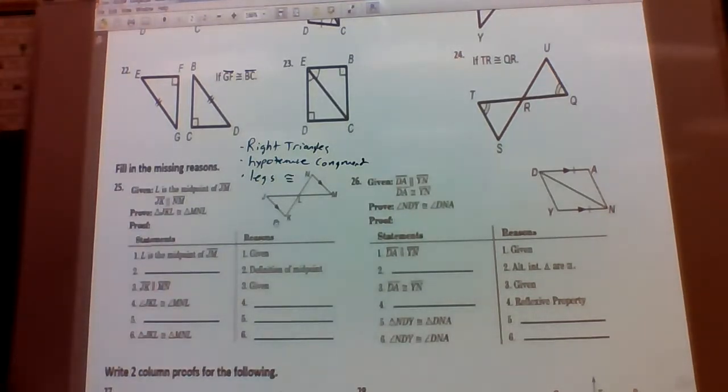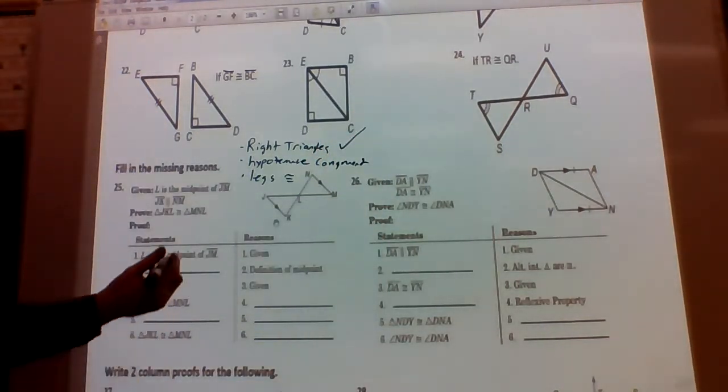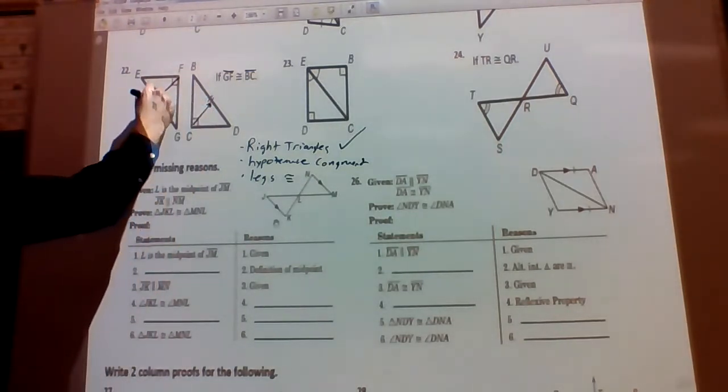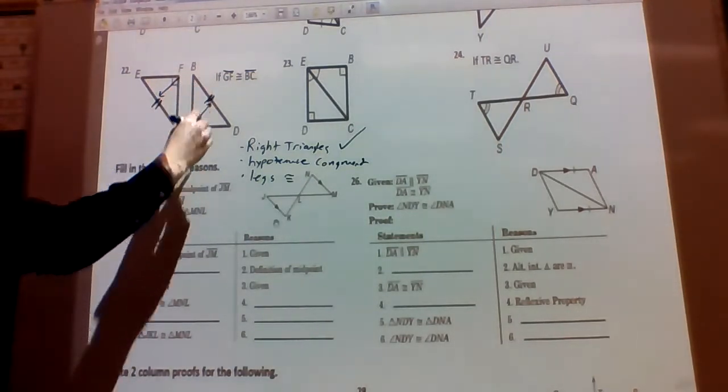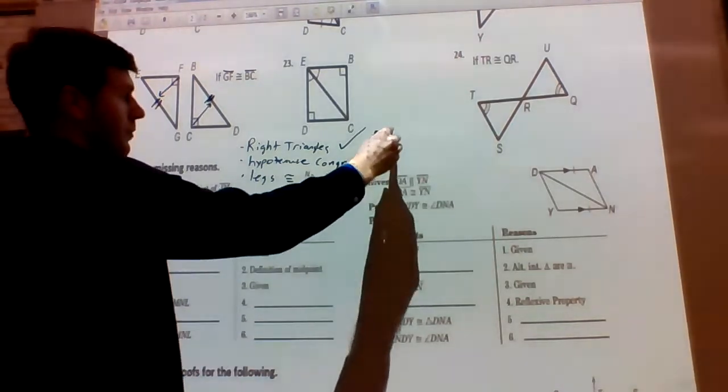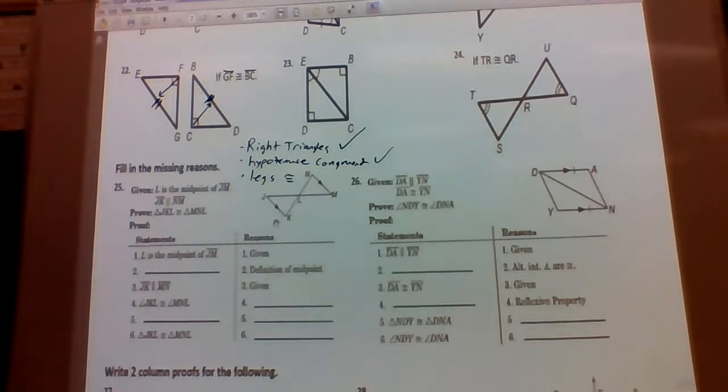Do we have right triangles? Yes, we do, because we have right angles. If we have right angles, we have right triangles. The definition of a right triangle is a triangle with a right angle. Are the hypotenuses congruent? Well, what are the hypotenuses? They're the sides that are across from the right angle. So yes, we do. EG is congruent to DB. Do we have a pair of legs that's congruent?